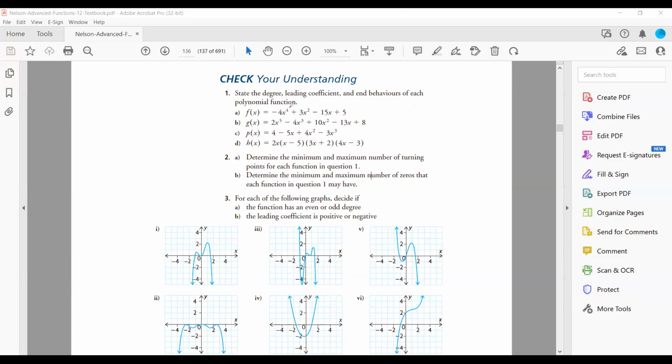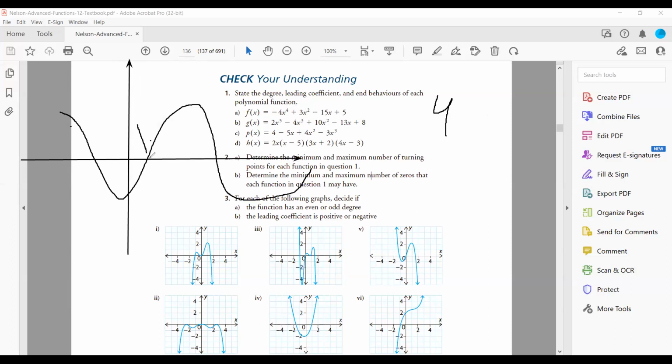If the degree of a function is, let's say, 4, it means that this function can have up to 4 roots, up to 4 solutions. So what is a root? A root is when y equals 0 and x equals some value. So basically, roots are points where our function crosses the x-axis.